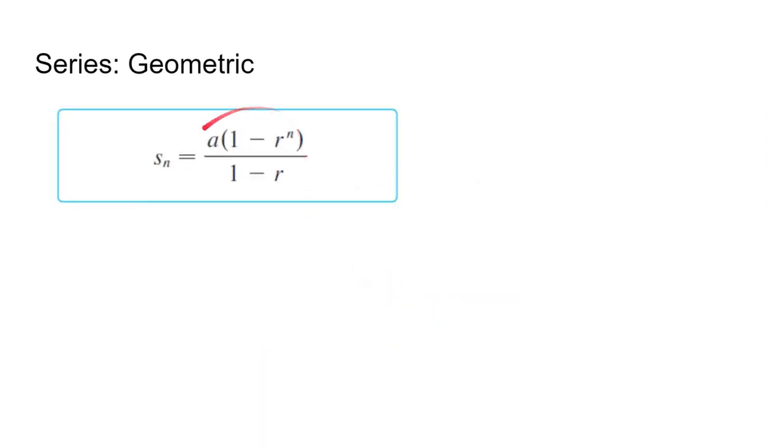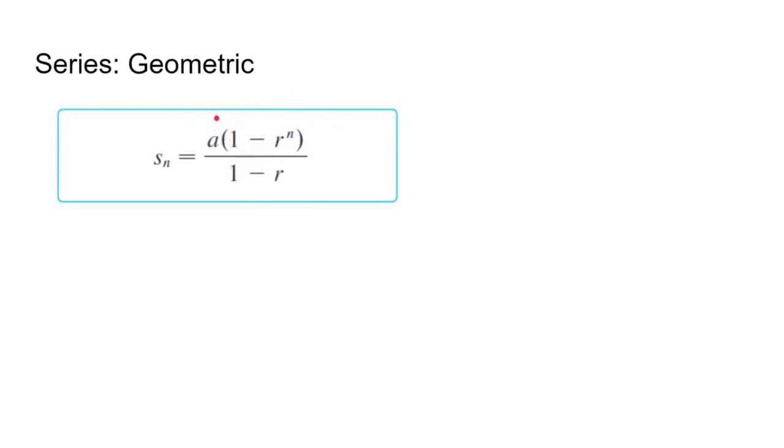So if you take this, as n goes to infinity, this term will go to 0. Why? I didn't really say what the domain of r is, but r is between 0 and 1. So if r is in between 0 and 1, and we're taking the limit as n goes to infinity, this term will vanish. Then we'll have a times 1 divided by 1 minus r.